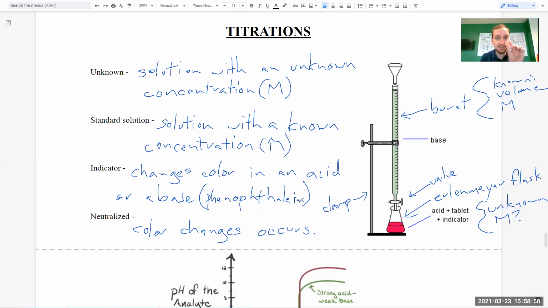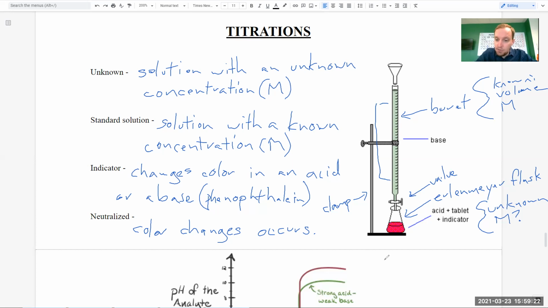We want to catch it and stop it right when it gets to clear, because that would be the neutralization that we're looking for. From that, we will know how much of our standard solution we added. We know the molarity, we know the volume, and we know the volume of this unknown. So all we don't know is the molarity.